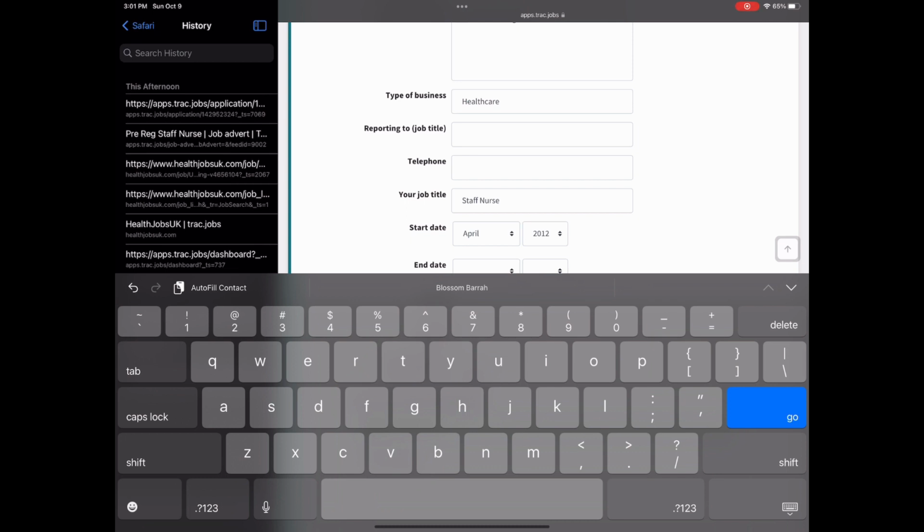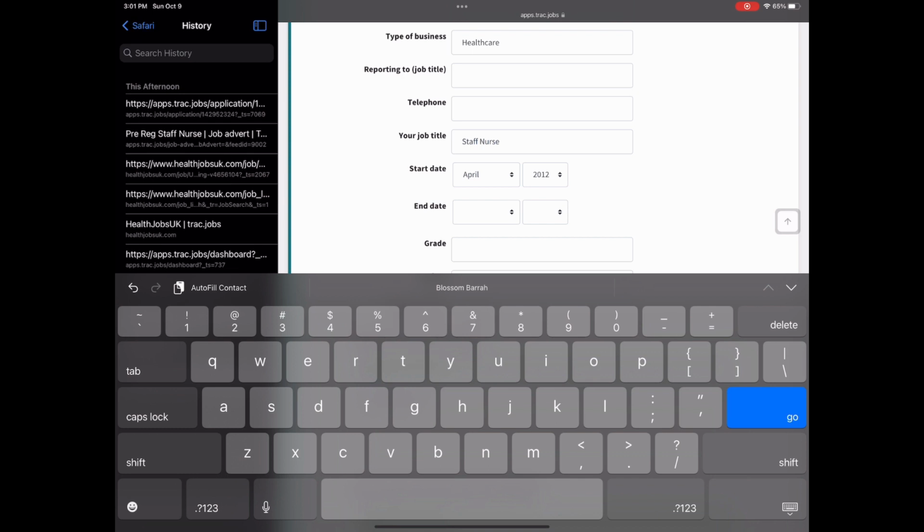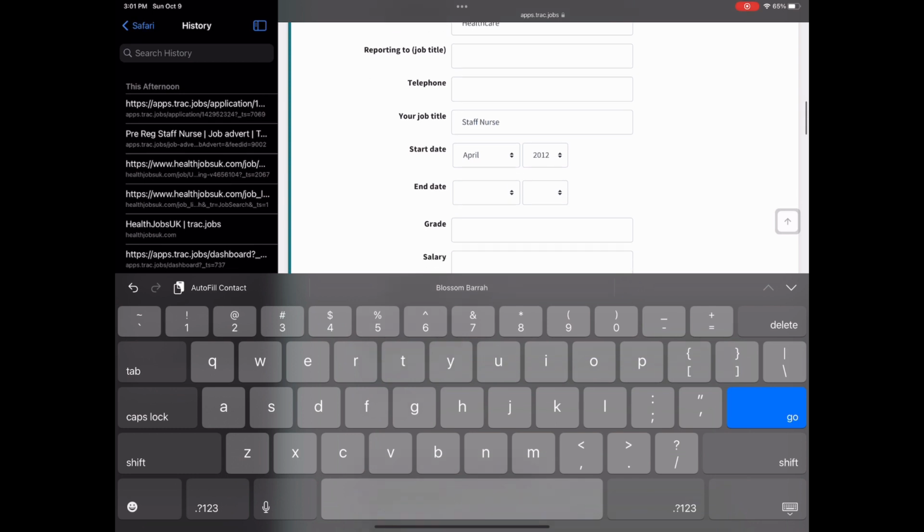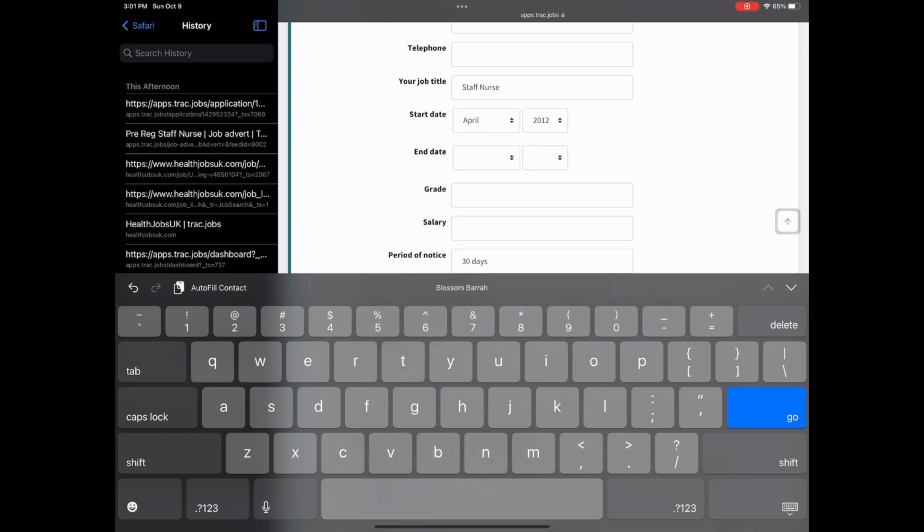Now, your job title could be staff nurse, nursing officer, chief nursing officer, senior nursing officer, principal nursing officer, whatever it is, just indicate. Now, since we're starting with the most current job, the start date is the only part you should fill. It's not logical to put an end date for a job you're currently doing.